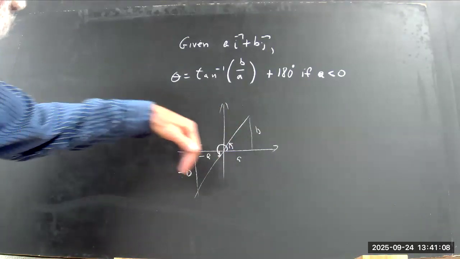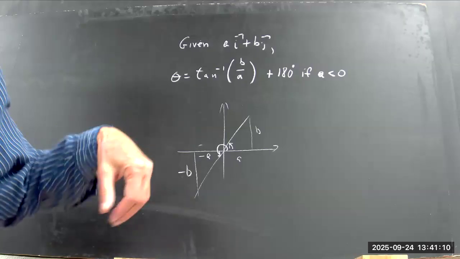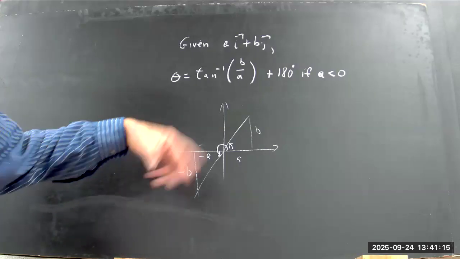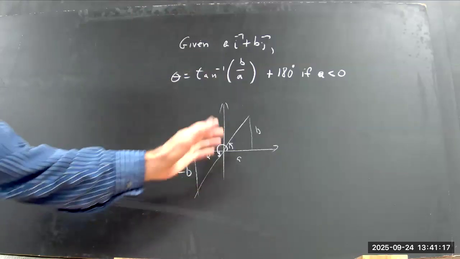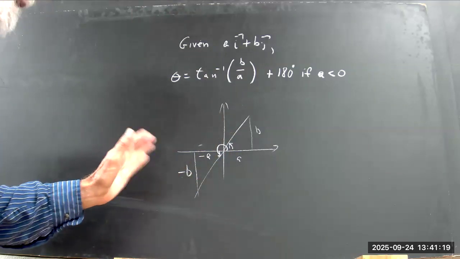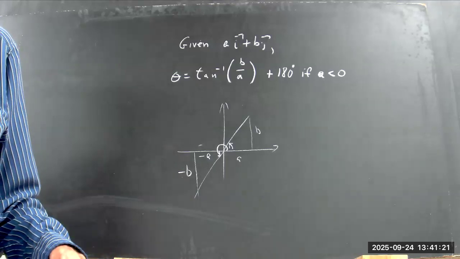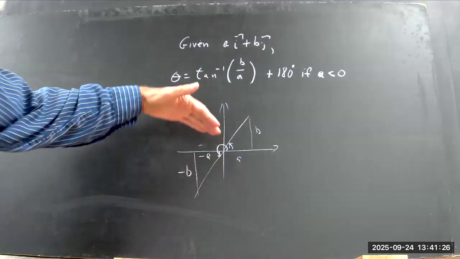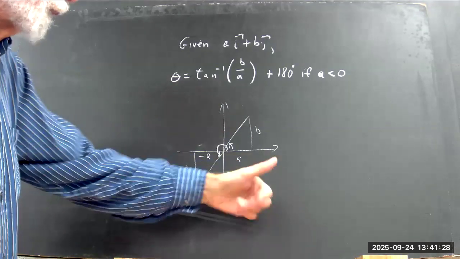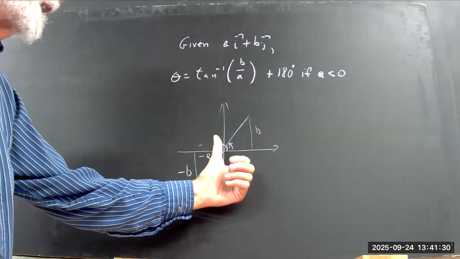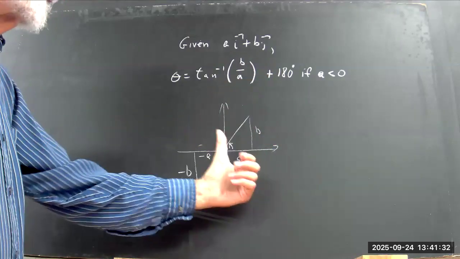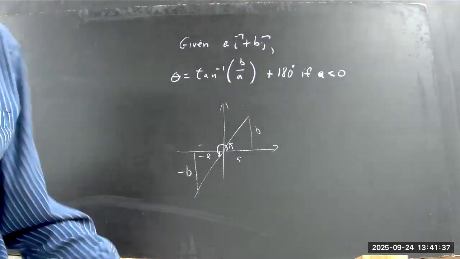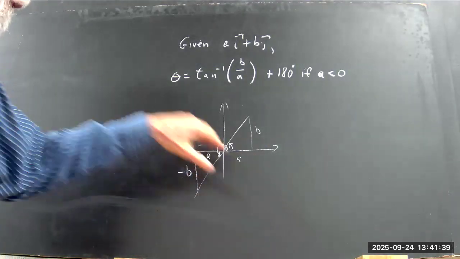Because if A is less than zero, that means you're over here. Now my labeling isn't right there. But anyhow, I think you get the idea. If A is negative, you're on this side of the x-axis. So you've got to be in the third quadrant. And of course, the arctangent could be in the fourth quadrant, but that could also indicate, if A is less than zero, that you're in the second quadrant. If the arctangent is negative, that means your angle's either in the fourth or the second.